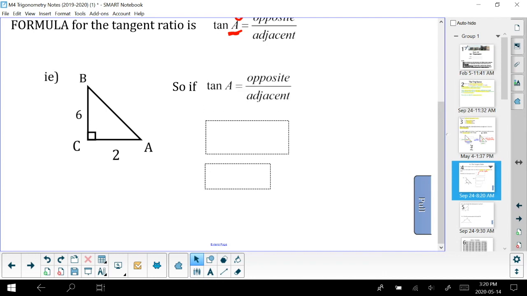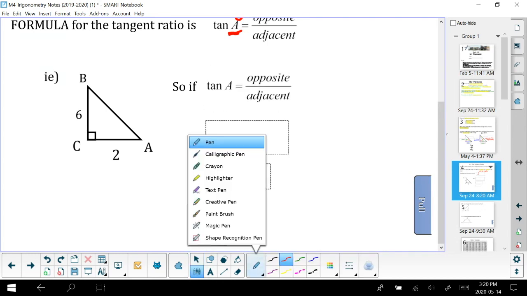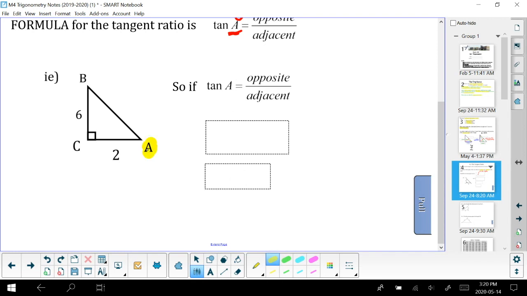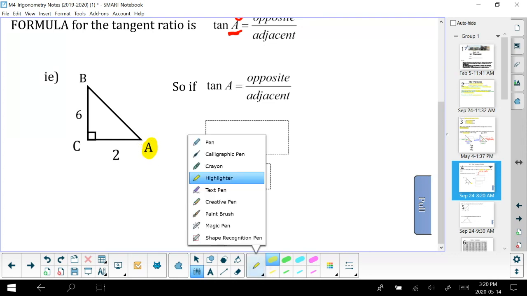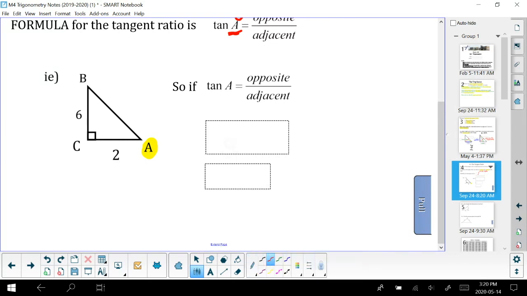If we want the tangent of angle A, we're going to be looking, first of all, at where angle A is, and it happens to be down here. So that means we're looking at the rest of the triangle starting from angle A. Maybe what I'll do first is find my hypotenuse.